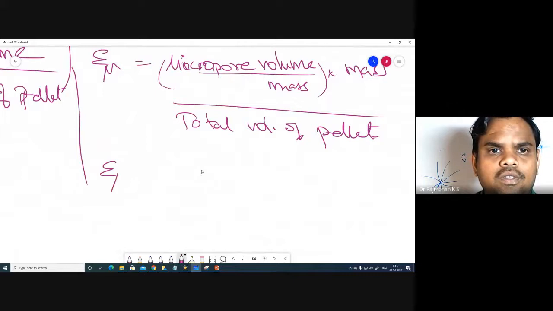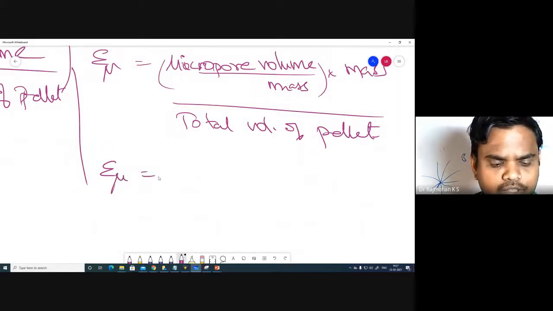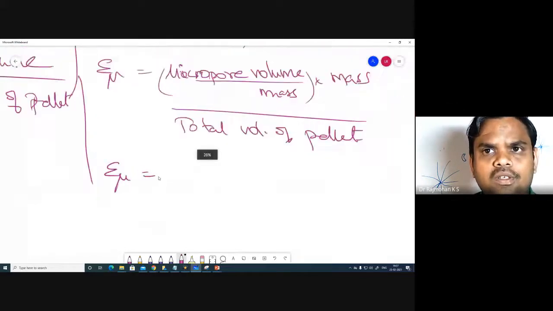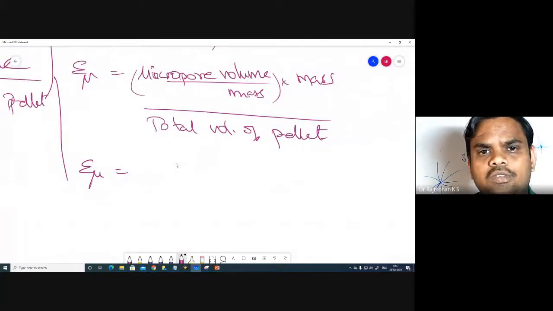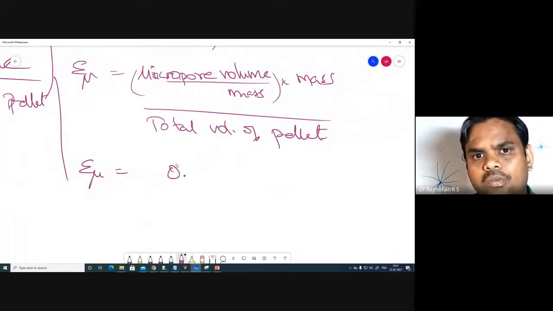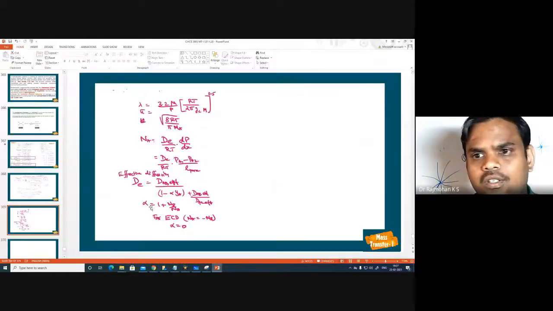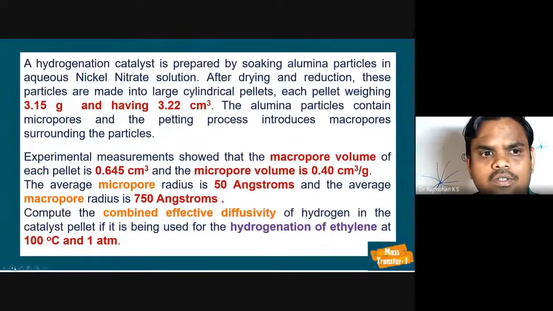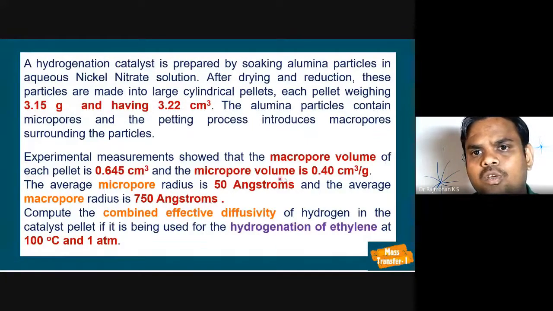Similarly, epsilon mu is equal to micropore volume per mass, which is given. Please refer to the question. Let us go to the question. You can see that the micropore volume is 0.40 centimeter cube per gram.